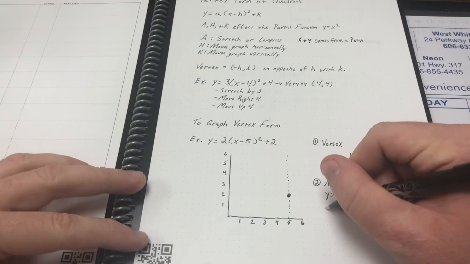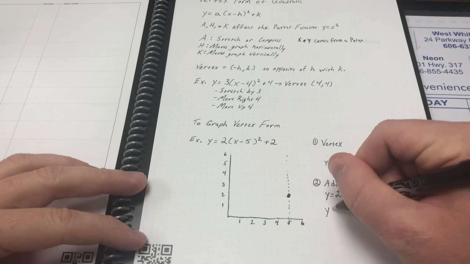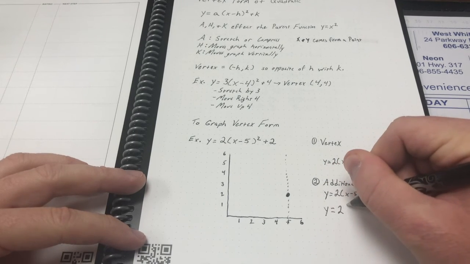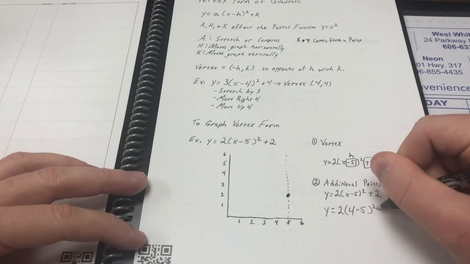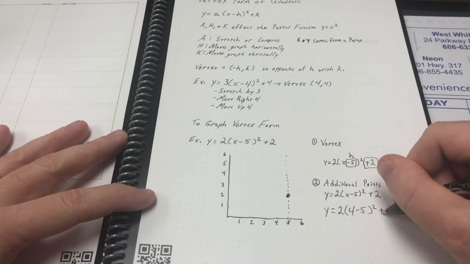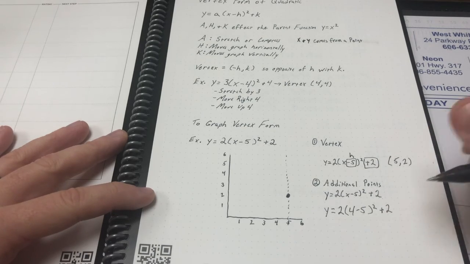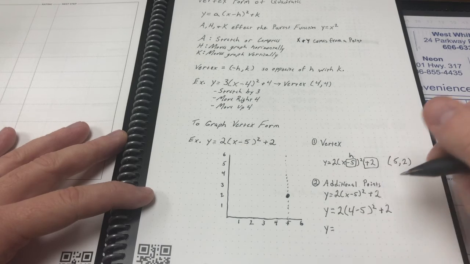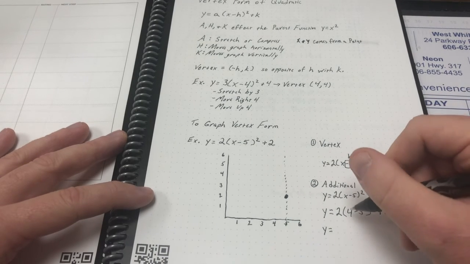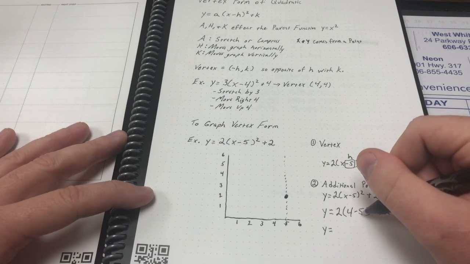So I'm going to go ahead and drop 4 in for x. I want to replace the x value with 4, and then I'm going to start just solving with order of operations. Where I don't have a whole lot of room, I'm going to kind of condense this. So 4 minus 5 would be negative 1.